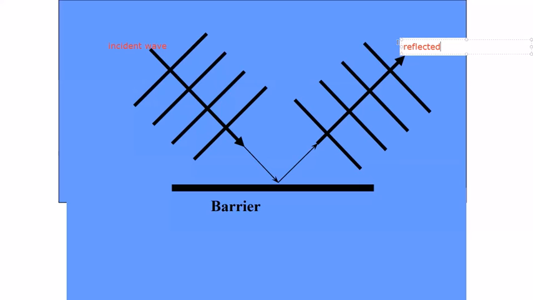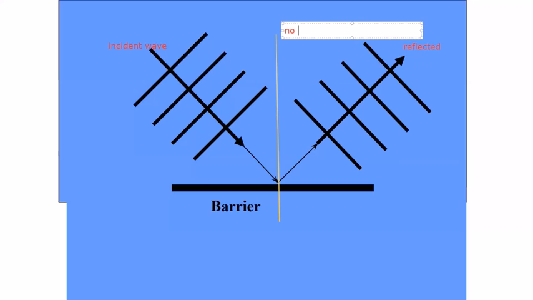The imaginary line which is perpendicular to the surface, in reality it's not there, it's just an imaginary line which is perpendicular, or 90 degrees, to the surface, is called the normal.